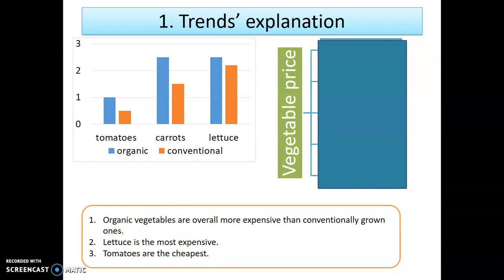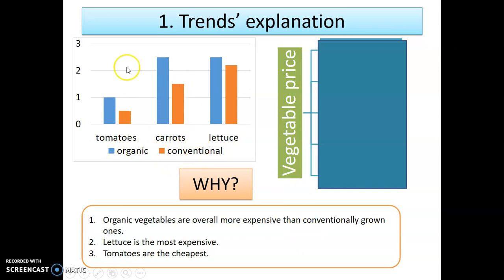Now in the conclusion, you need to explain why it is this way. For this reason, you need some background knowledge. You might need to read online, Google it, and see what you can find. This bar chart deals with organic and conventional vegetable prices.